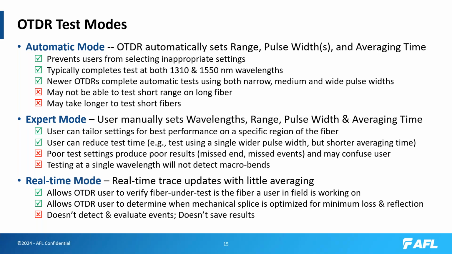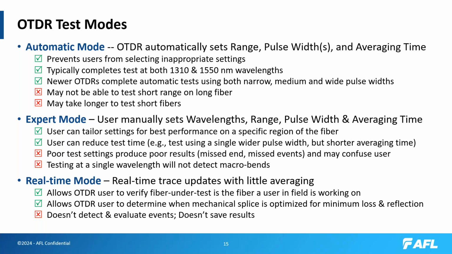And the way you would do this is the user out in the field would intentionally bend the fiber, and you as the user at the end of the fiber would be looking for an increased loss at the distance where that user in the field is located.